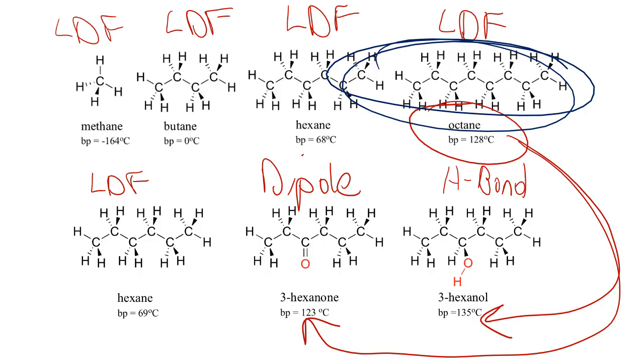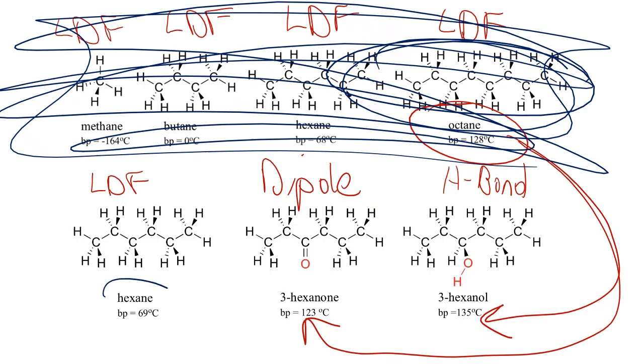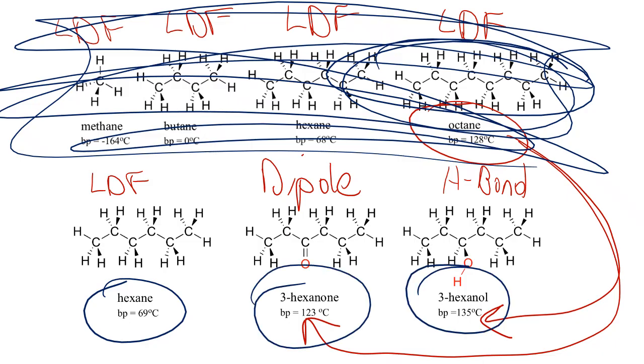Or a better way of saying this is, let's just say we ignore these here. Hexane, hexanone, and hexanol: dispersion, dipole, H bonds. We see that with dipole, the boiling point goes up. With H bonds, the boiling point goes up.